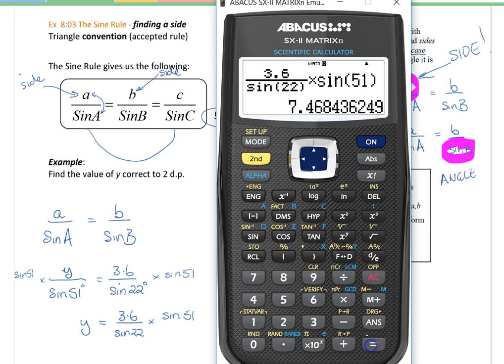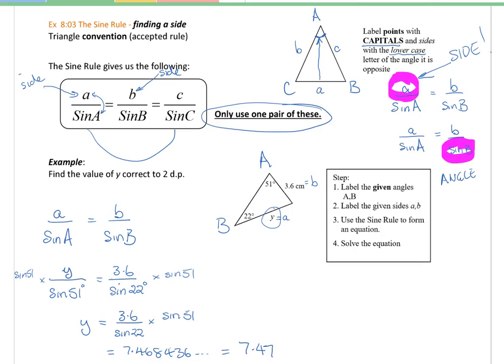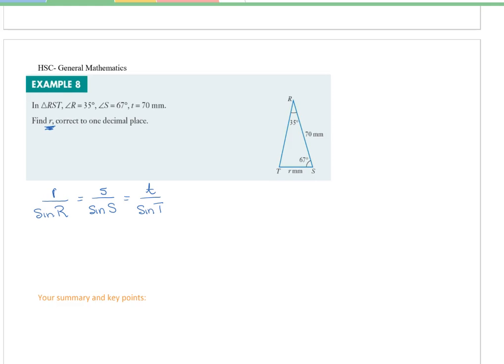So we'll calculate that, and we're getting 7.468, and rounded to 2 decimal places, cutting off here, the 8 rounds the 6 up to a 7. 7.47. What would the appropriate unit be? We were finding a side, so it's a measurement, and the units that's been established from the information given in the question are centimetres.